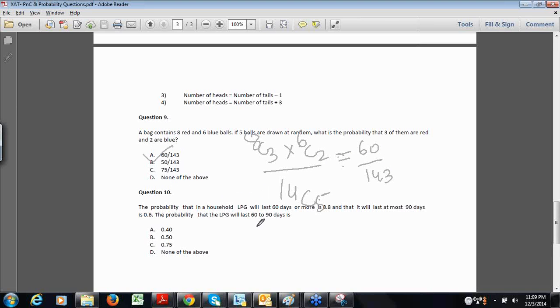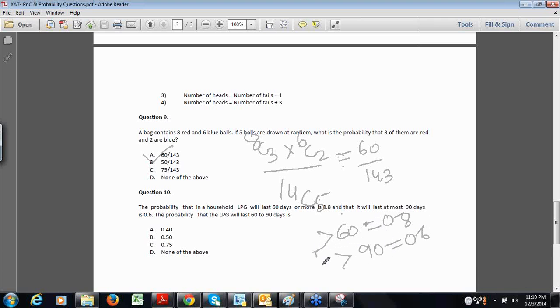Similarly, the question is: the probability that in a household LPG will last more than 60 days is 0.8, and that it will last more than 90 days is 0.6. What is the probability that it will last 60 to 90 days? So greater than 60 days is 0.8 and greater than 90 days is 0.6.